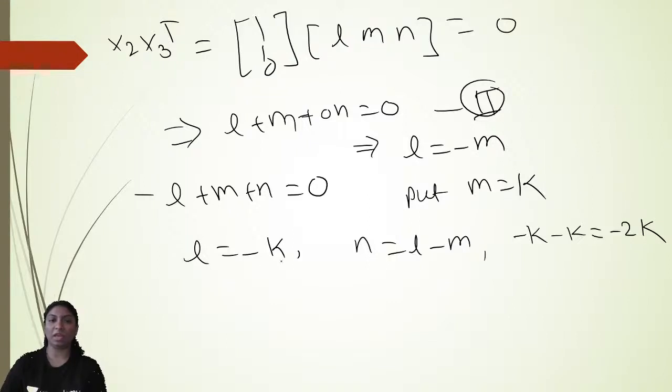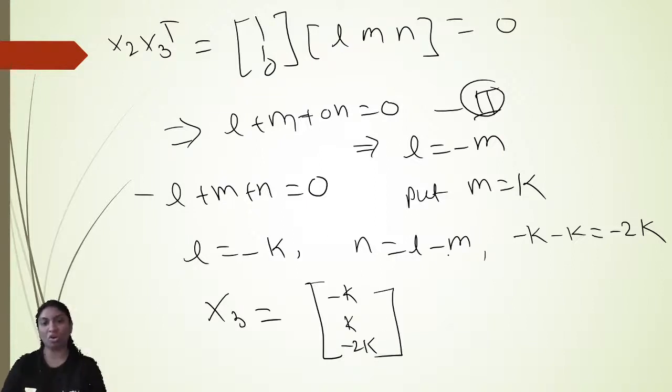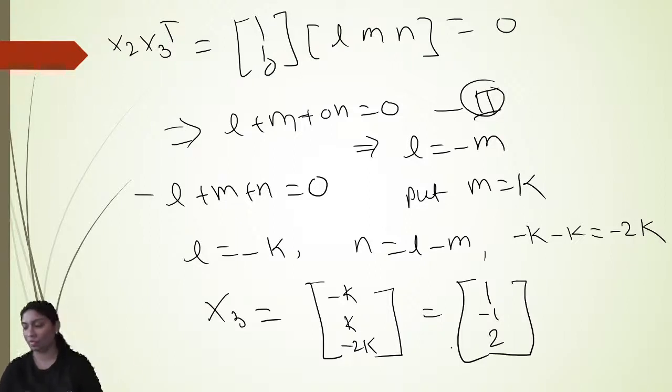So your matrix x3 becomes L is minus k, M is k, and N is minus 2k. If I take minus k common, then I will get 1 minus 1 2. So your matrix x3 is 1 minus 1 2.